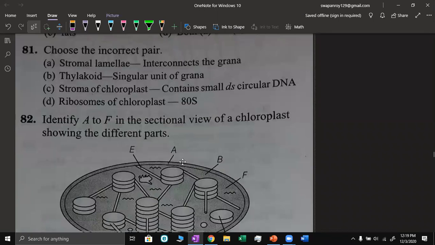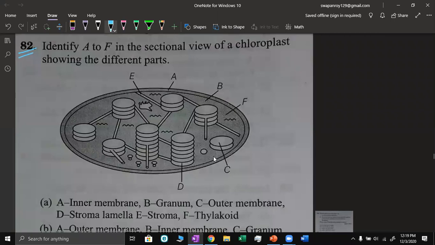Come to question number 82. Identify A to F in this. This is the diagram of chloroplast, so you have to identify this structure. What are these?